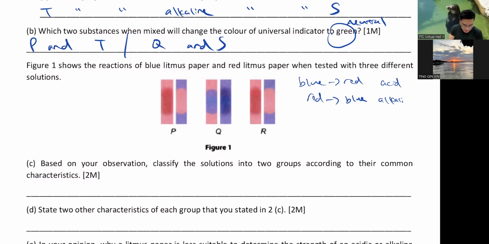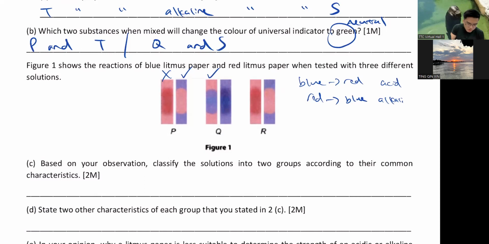This is funny. Because the whole strip is blue, this question is a bit confusing. I don't know whether they dipped it in, or put water here. Okay, that is so weird. Anyway, for Q, red changes to blue.